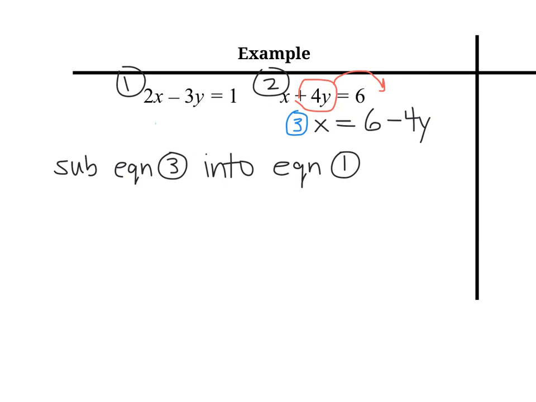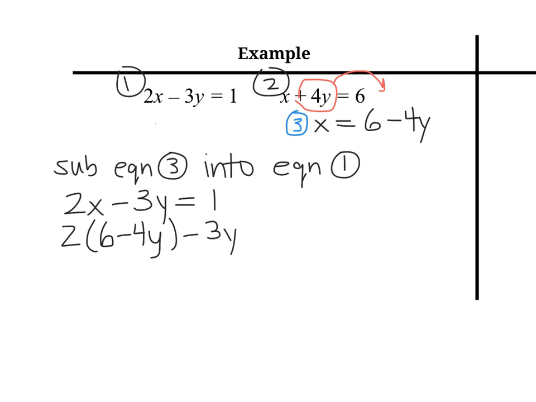So I'm going to start by recopying equation number 1, 2x minus 3y equals 1. And now in the place of x, I know that I can replace it with 6 minus 4y, because I'm substituting equation number 3 into equation number 1. And there's that portion right there.